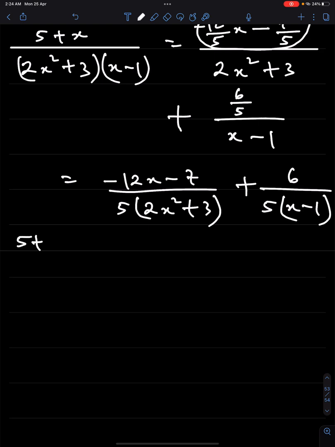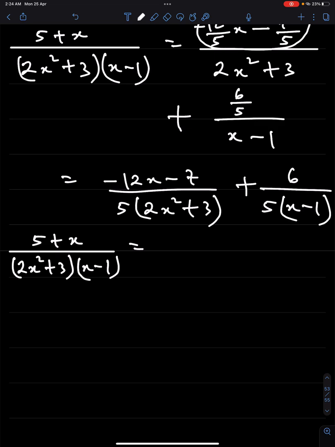Let me write that on a single line. 5 plus x over 2x squared plus 3 times x minus 1 equals minus 12x minus 7 over 5 times 2x squared plus 3.